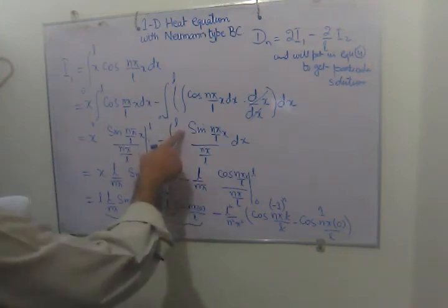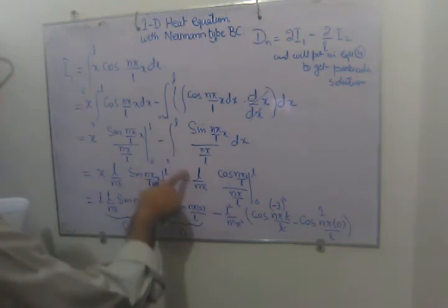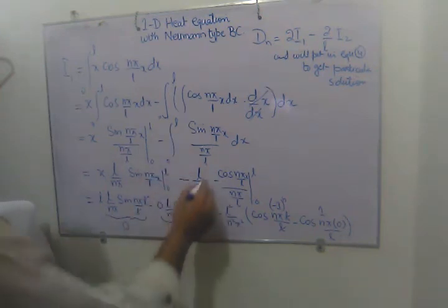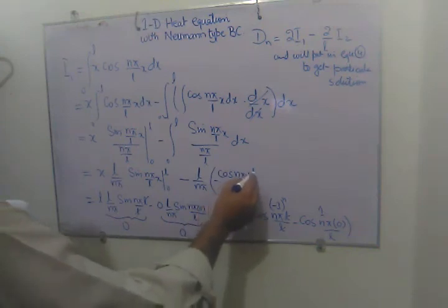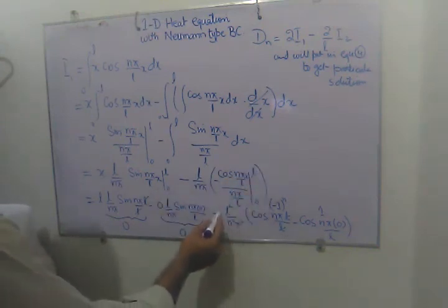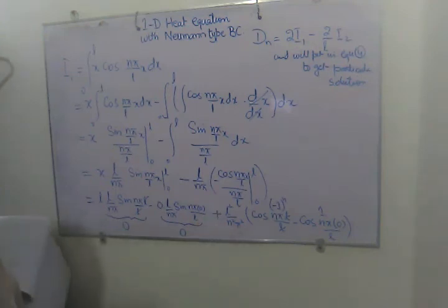When we took the integral of this sine term, it would become the minus cos, so this minus minus becomes the plus here.